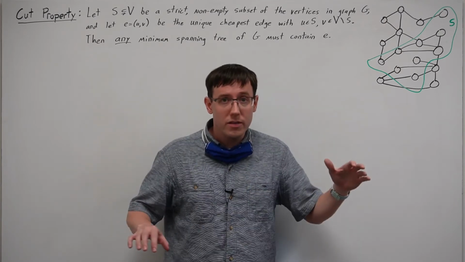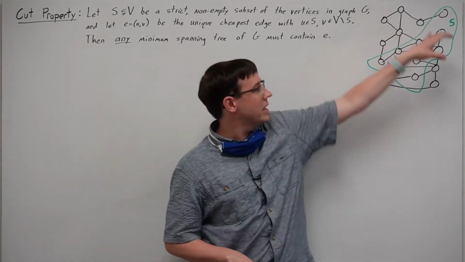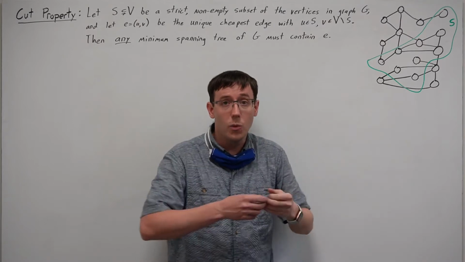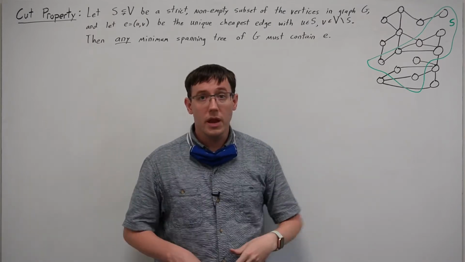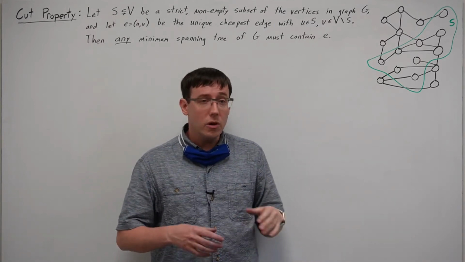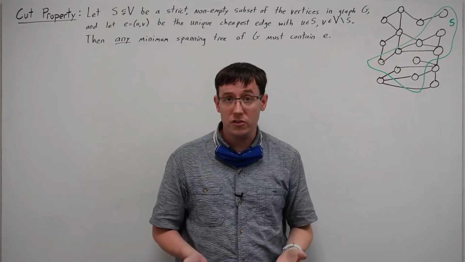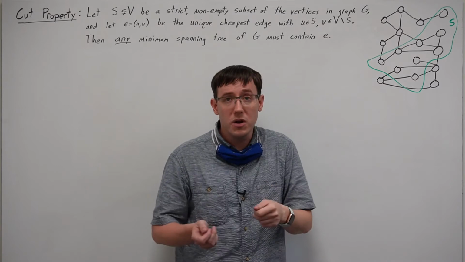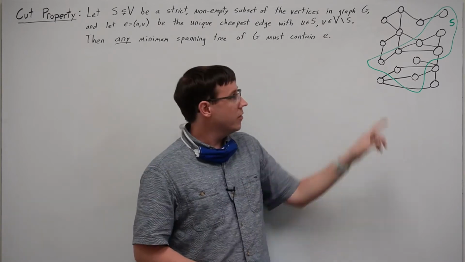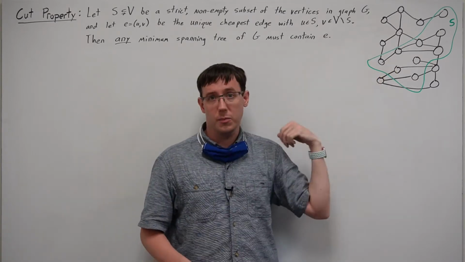We are separating the vertices into the ones that are in my subset and the ones that are not in it. And because the graph is connected, we know that this cut must go through some of the edges in the graph, because there must be some connection between the vertices inside and outside my set.